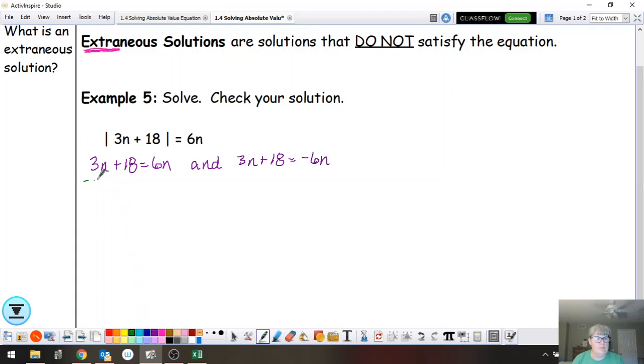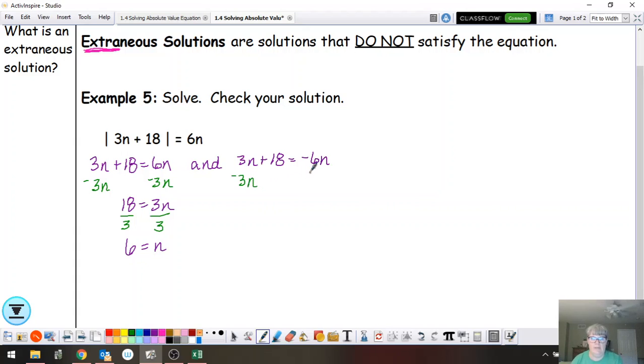So with the first equation, I'm going to subtract 3n first, and we have 18 equals 3n. Divide both sides by 3, and we have 6 equals n. Then we need to solve the second equation.